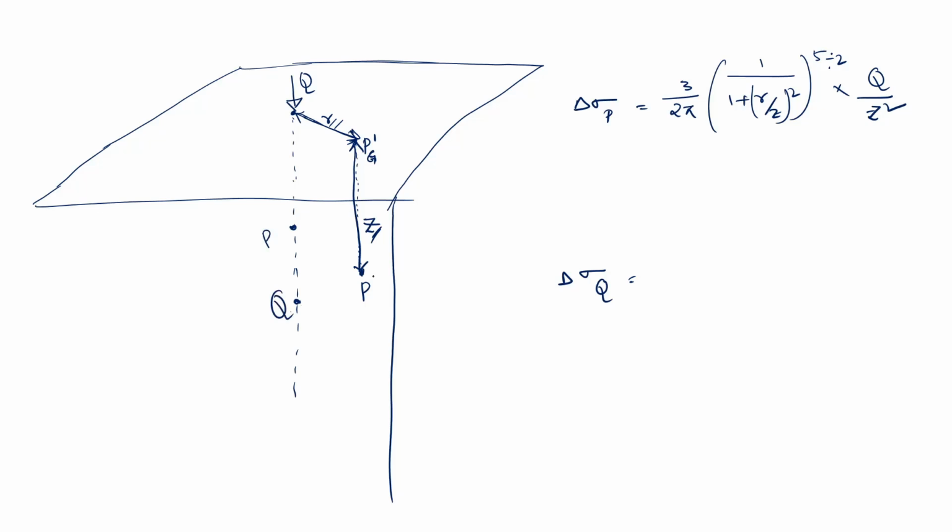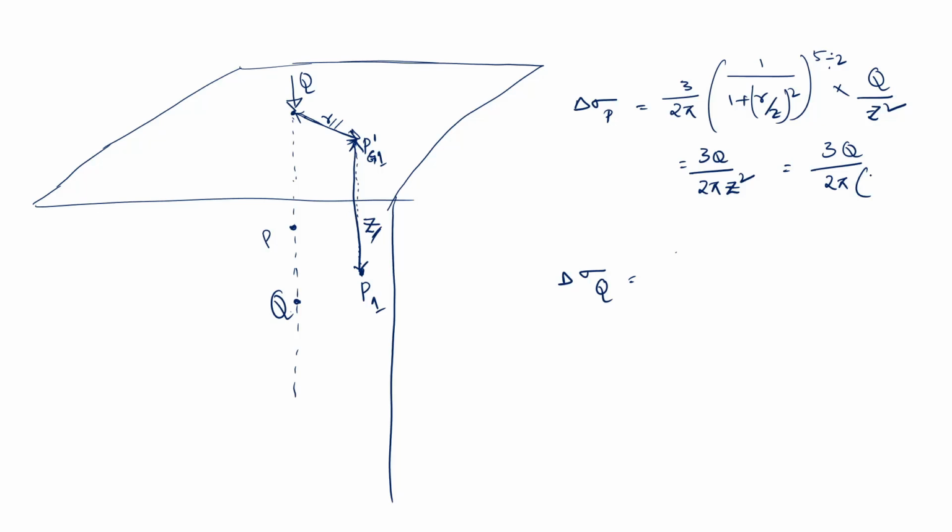In the question, the r value is 0. If the r value is 0, this total term will become 1. So you will be left with 3Q by 2 pi z square. Let us keep 3 as 3, 2 pi, Q as Q, because Q is the same, only z is different from P to Q.